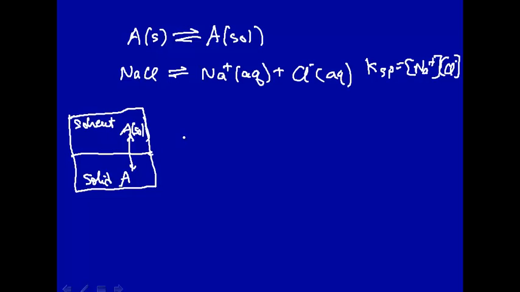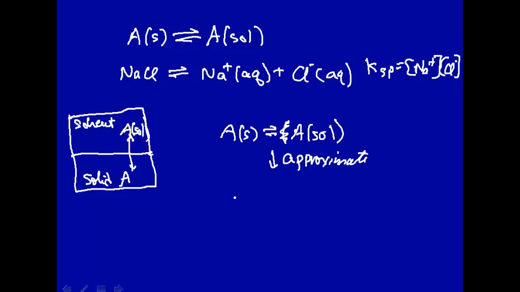Now, in order to treat this thermodynamically, we make an approximation. So if we have a solid in equilibrium with the compound that's solvated, what you do is approximate this as a melting.